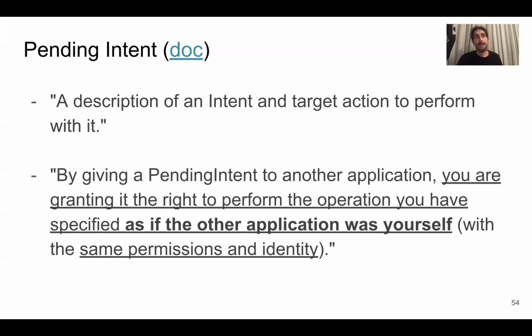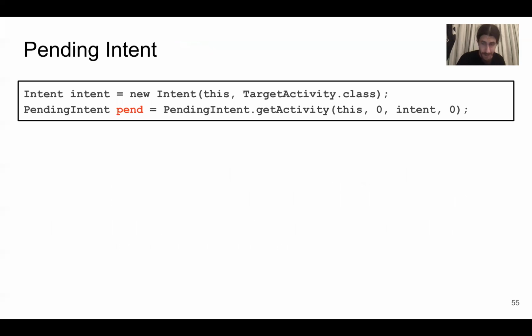You create a notification and you associate a pending intent to it, so when the user clicks it, whoever handles this notification, in terms of processing the notification tap, has the right to start any activity or any component pointed to by the intent inside. Okay. So that's why pending intents are relevant.